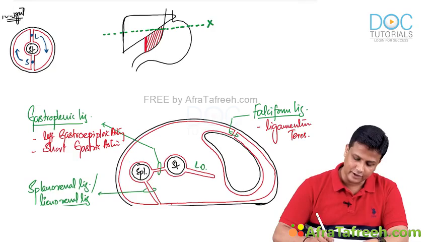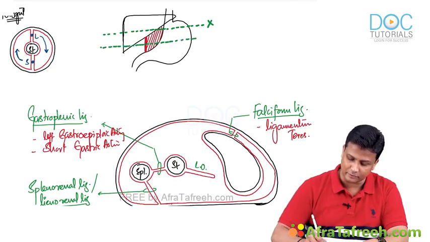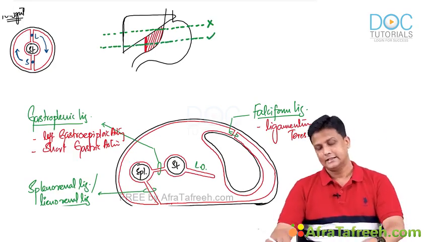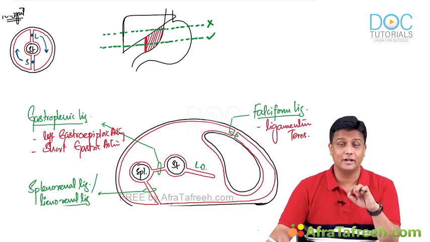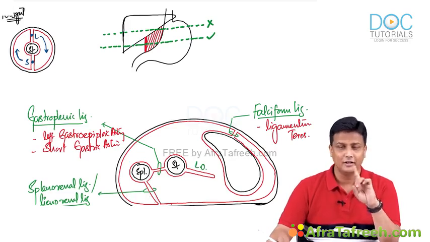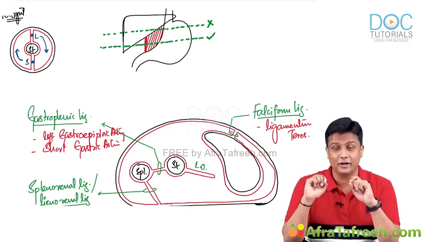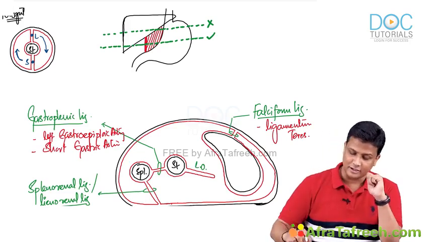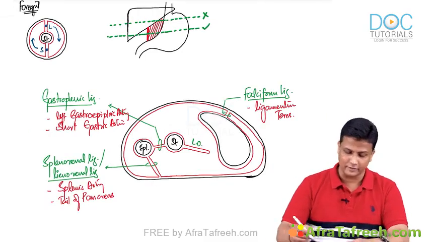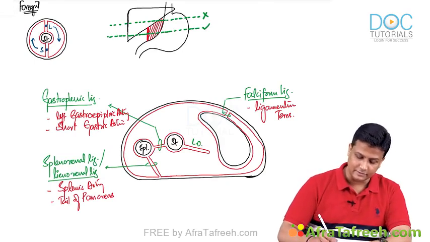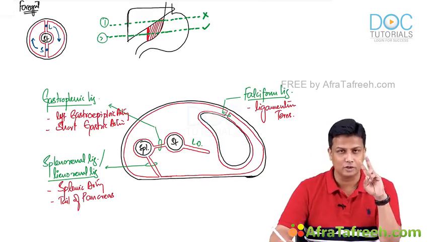No. We are taking the transverse section at this level, a little bit below here. Now, on one side we are able to see the liver, on the other side the stomach and the lesser omentum, but we can clearly appreciate there that the lesser omentum is not attached. There is a free margin of the lesser omentum. That is what I'm trying to make you understand. For example, this is number 1 and number 2. We are taking the transverse section at the level of number 2.